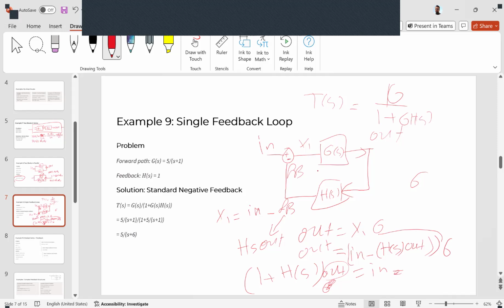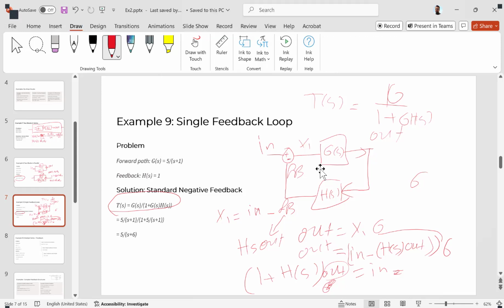So if we have a feedback, the overall transfer function would be the forward pass divided by 1 plus forward times feedback. Is that clear?